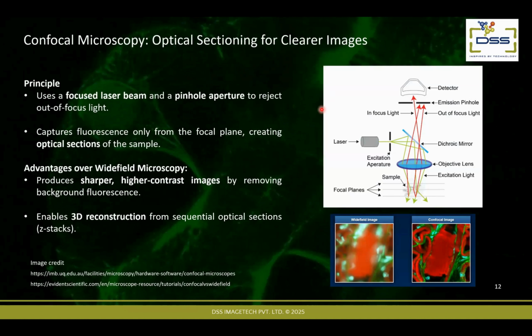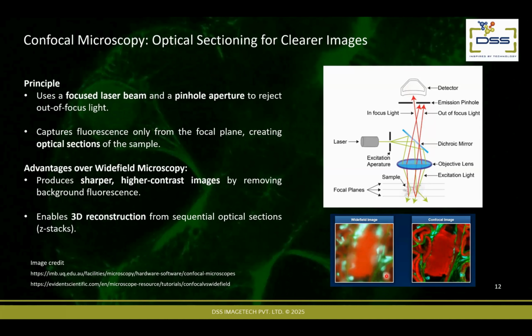What confocal microscopy, as many of you would know, essentially does is that it has a pinhole in the light path. When the emitted light is coming up from the sample through the objective, the pinhole is placed such that it blocks the out of focus light. So light only from the focal plane where you are imaging is captured in the detector, and all the out of focus light is blocked.